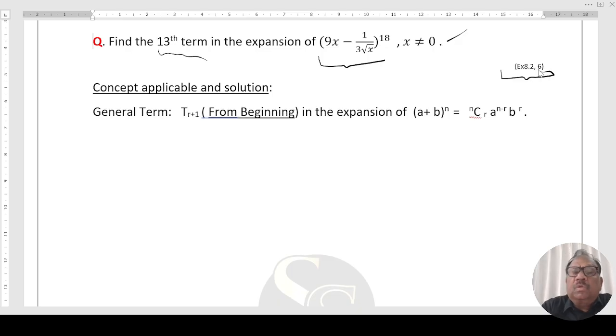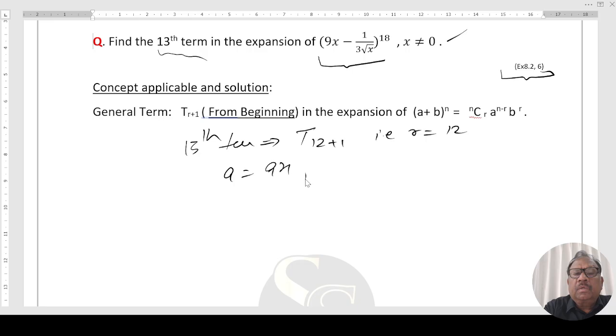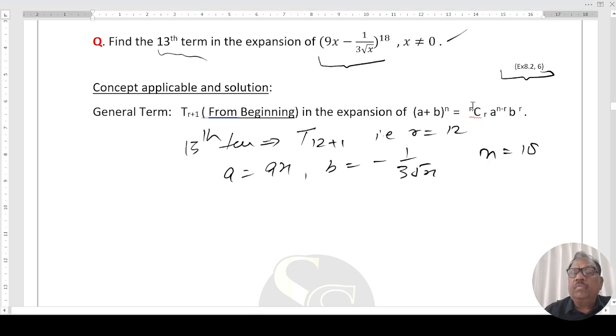Concept applicable to solution: 13th term means T12 plus 1, that is r equal to 12, a equal to 9x, b equal to minus 1 by 3 root x, and n equal to 18. Now simplify it.